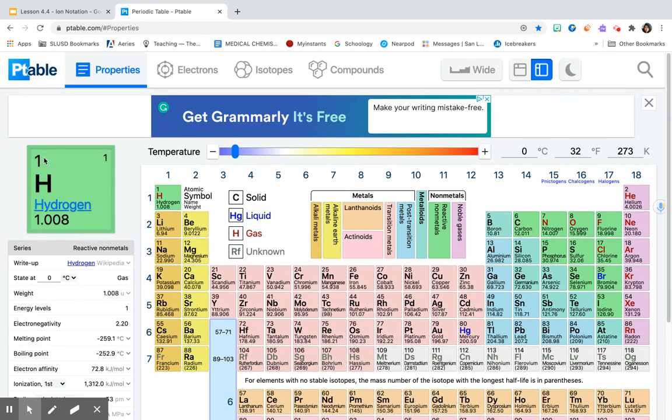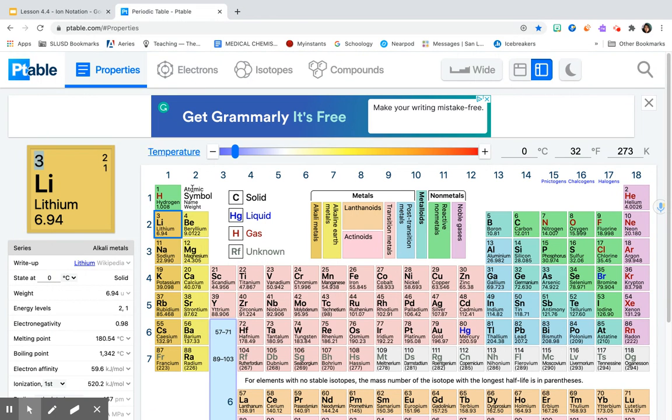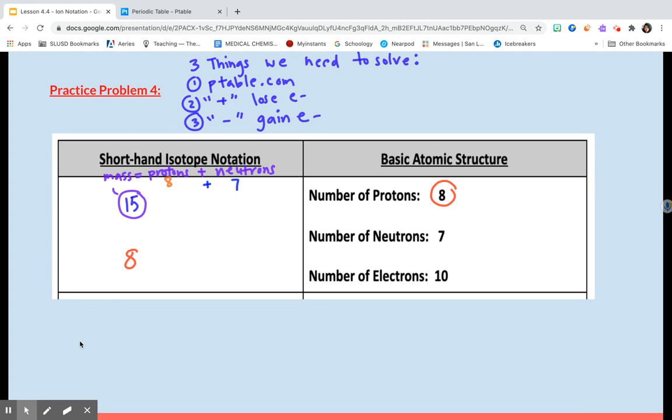So element number 1 is hydrogen. Element number 2 is helium. 3 is lithium, so on and so forth. So right now we're looking for element number 8. All right, so element number 8 is going to be oxygen, or O. So therefore, element number 8 will be O.